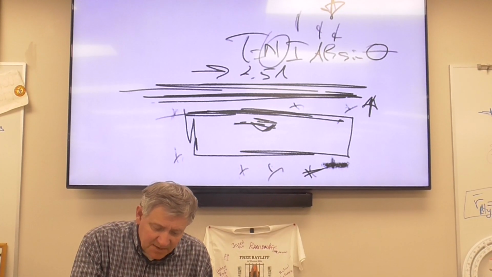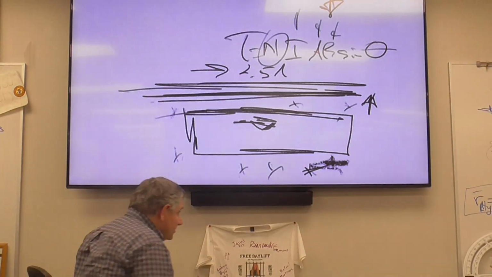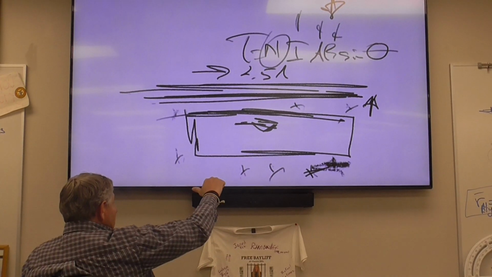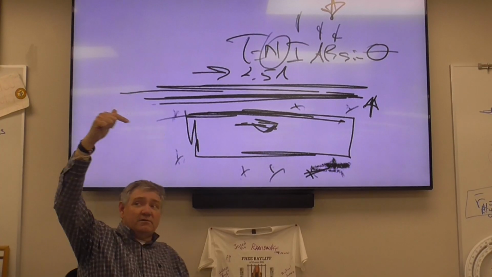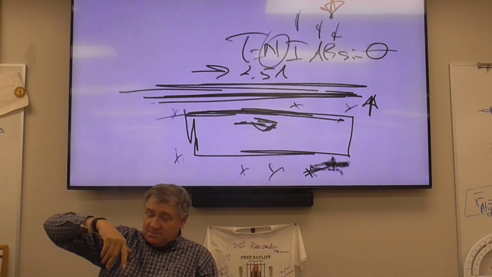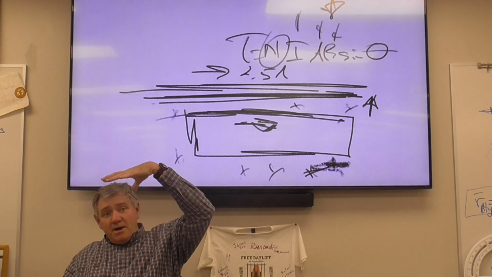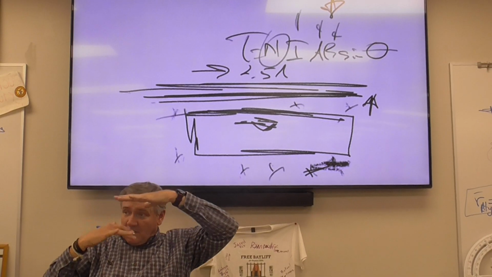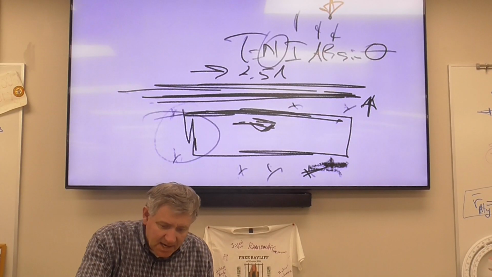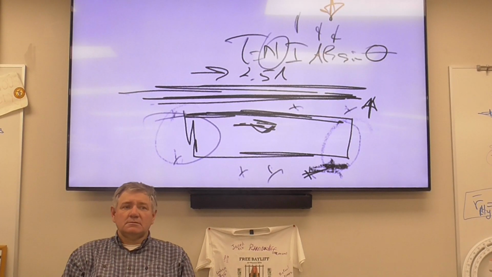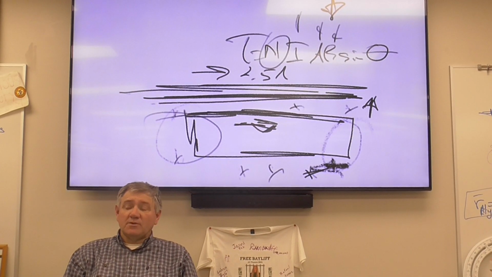On the bottom side, the current's going this way, the magnetic field is going in, so the bottom wire is going to feel repulsion. So you're going to have the top wire getting lifted up and the bottom wire getting lifted down. What about your sides? Nothing. Why?